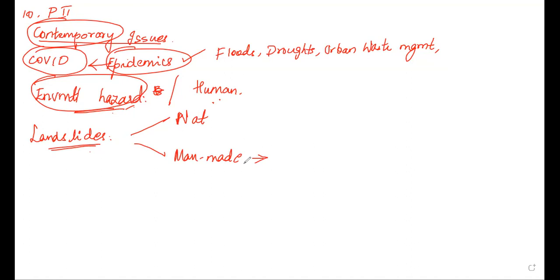So let's now discuss what are the different factors which are responsible for landslides. Okay, give the heading as factors responsible for landslides. The first one is tectonic movement.